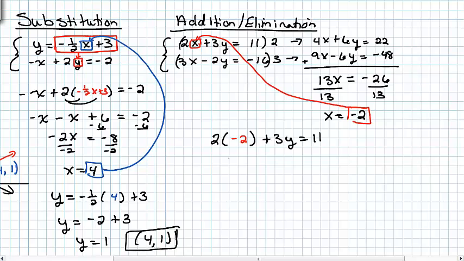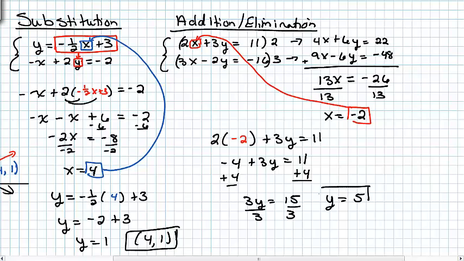So 2 times negative 2 is negative 4, plus 3y equals 11. I'm going to add 4 to both sides, and I get 3y equals 15, and then divide both sides by 3. So we get y is equal to 5. So our solution here is the point negative 2, 5.